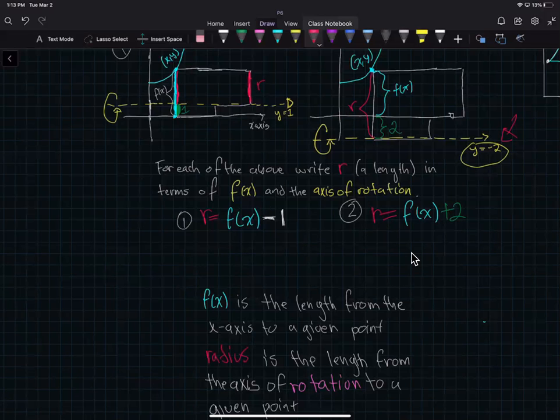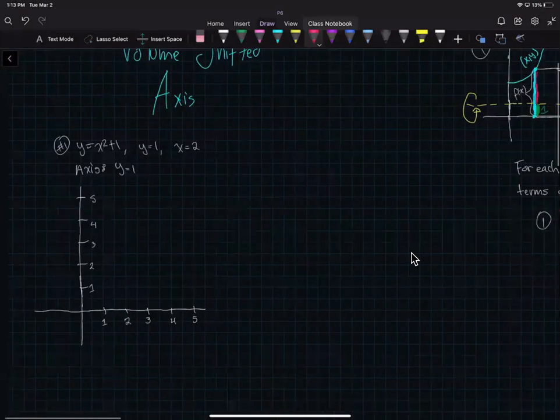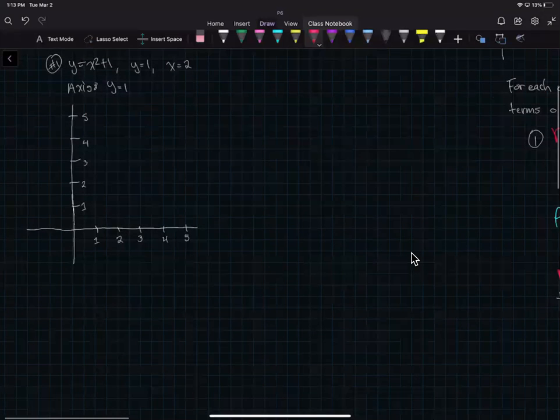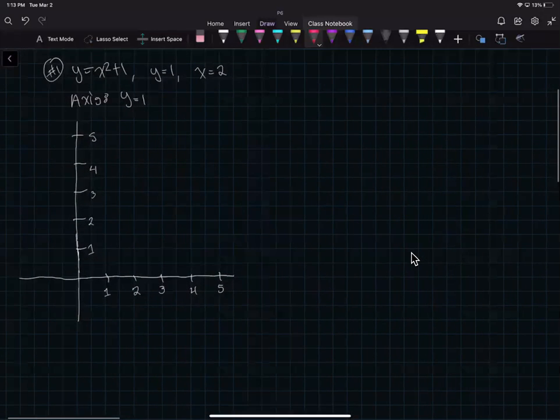So everybody, please go to Schoology and open problem number 1 on assignment A5. Or you can just copy it down from what you see on your screen. This is problem number 1. Copy this down.